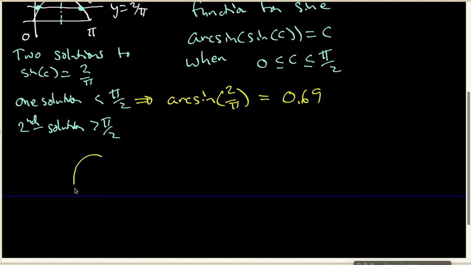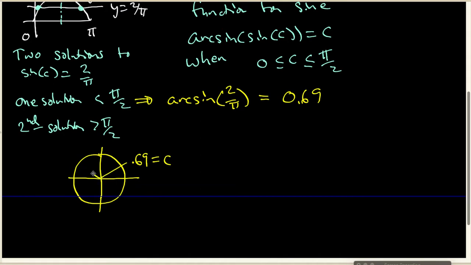I want to think about the circular definitions of trig. So here's my unit circle. And 0.69 is a first quadrant angle, and that is my current C value.